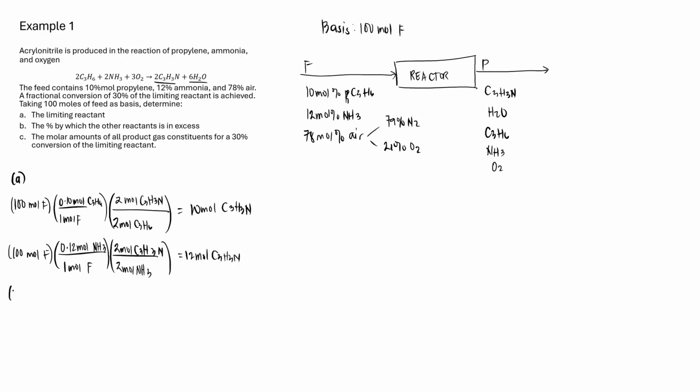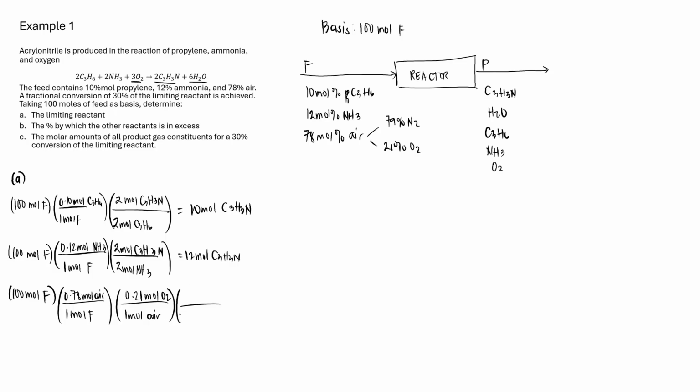Next, we also have the O2 here, but the O2 will be coming from the air. So per mole of F, there's 78% air, and then per 1 mole ng air, that's 0.21 mole O2.